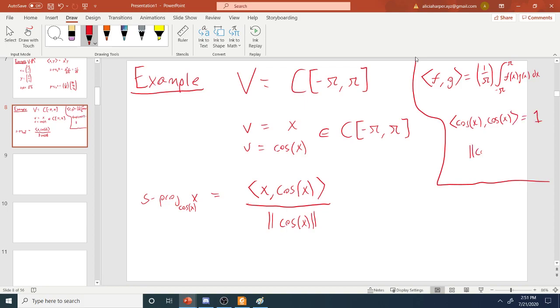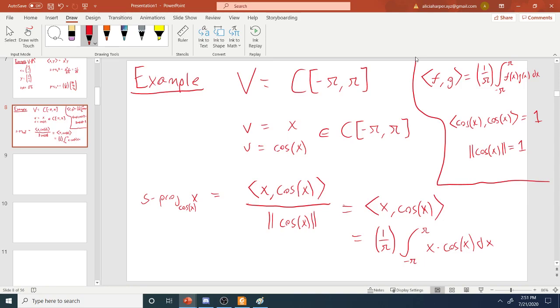So the norm of cosine of x, which is defined to be the square root of this, is also just equal to 1. So this just ends up being equal to the inner product of x with cosine of x, which is, by definition of our inner product, 1 over pi times the integral from negative pi to pi of x times cosine of x dx. So to compute this scalar projection, what I actually have to do is compute this integral.